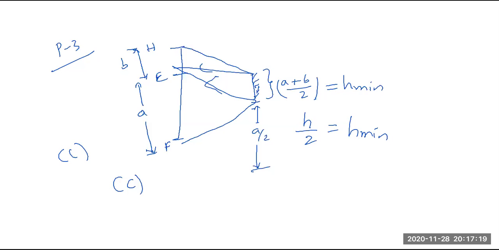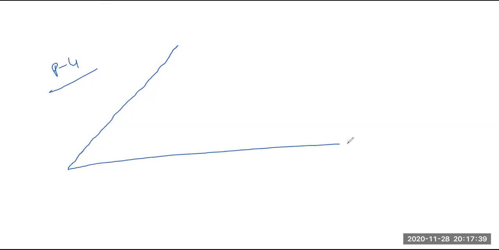Now let us go for the next question, P4. A light ray is incident at an angle of 50 degrees on the middle of two mirrors. Let's say I have two mirrors inclined like this. This is mirror 1 and this is mirror 2.